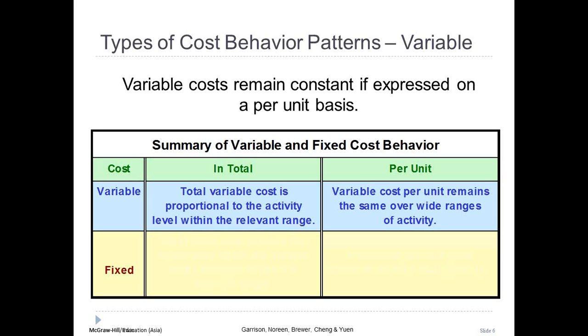So the per unit rate never changes. Okay? So 10 cents per unit, whether you spoke for 100 minutes, 1,000 minutes, or 2,000 minutes, the variable rate per unit stayed constant. However, the total variable cost depends entirely upon the number of minutes that were used. So variable cost per unit remains constant and the total changes.